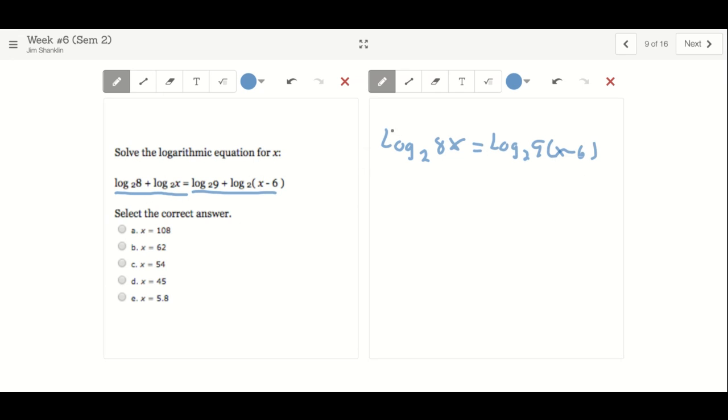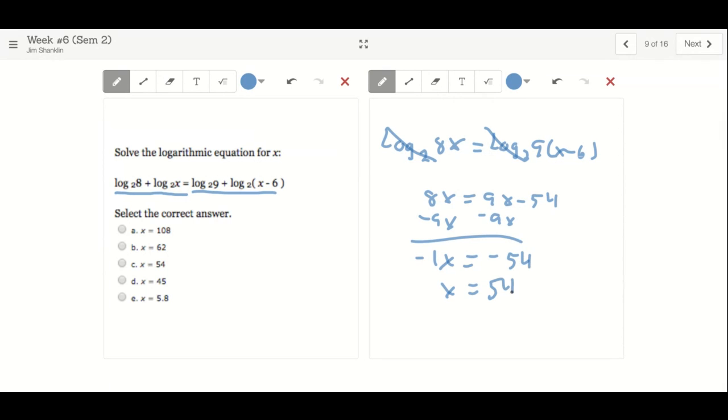I've got one log on both sides, so I can cross those off. Now I'm really just left with 8x is equal to, and then I'm going to multiply this through real quick, 9x minus 54. Then I'm just going to subtract 9x from both sides. So negative 1x equals negative 54. So x equals 54.